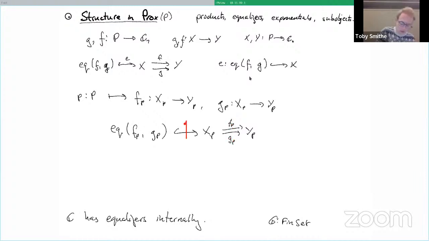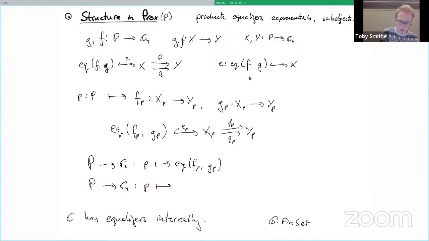I'll write EP as the inclusion. And so I've got this equalizer for each P. This gives me a generalized element of C0, which takes P to E, FP, GP. And I get a generalized element of C1, which takes P to this map, EP.